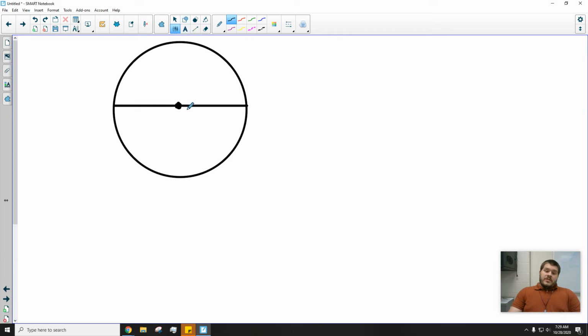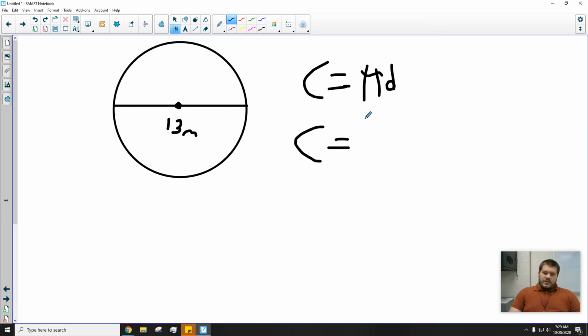So let's just say that this is 13 meters across. Okay. So for circumference, we have a diameter, so we're going to say that circumference is equal to pi times the diameter. What's our diameter? It's 13. So I'll say that this is 13 pi.